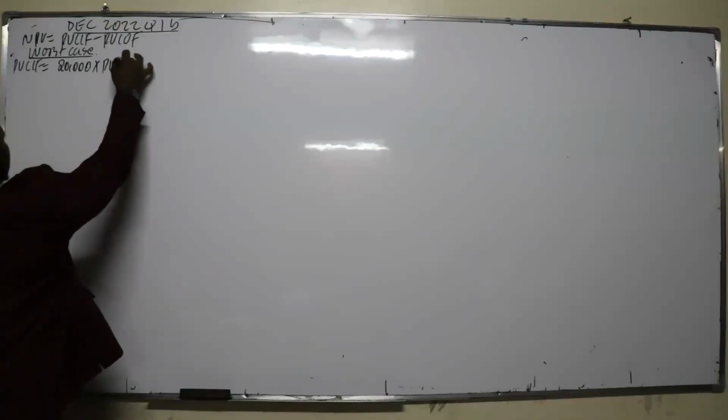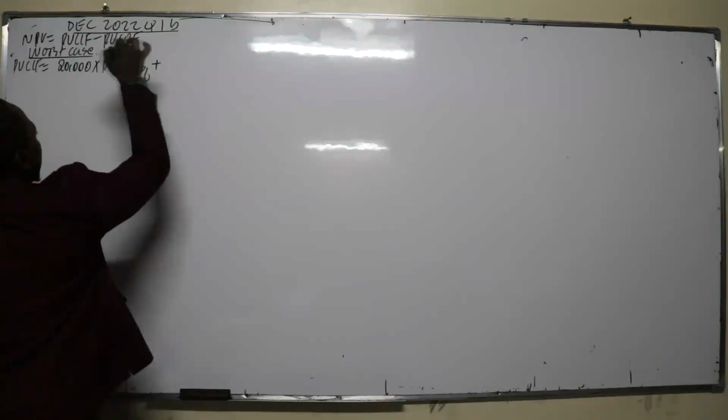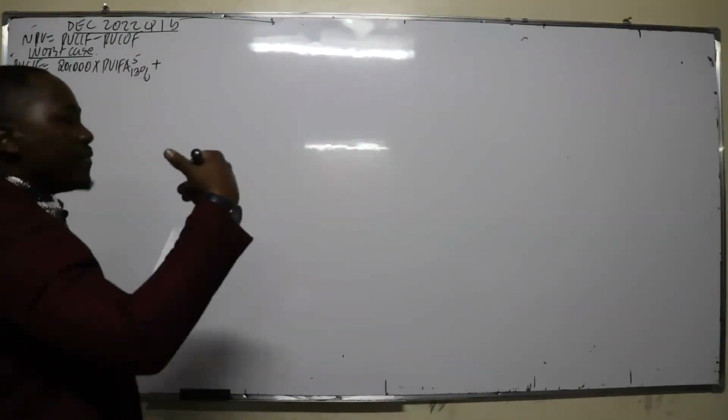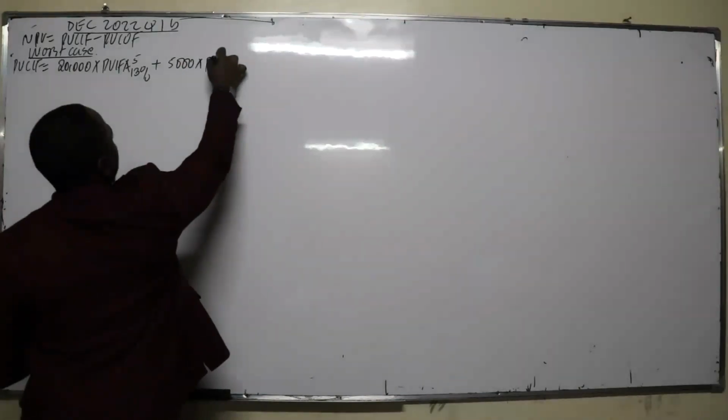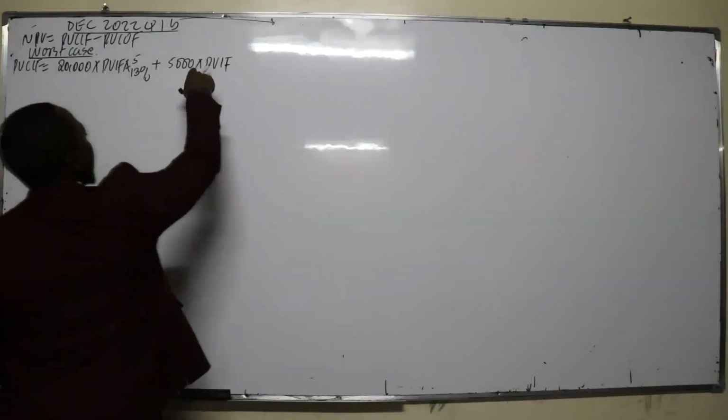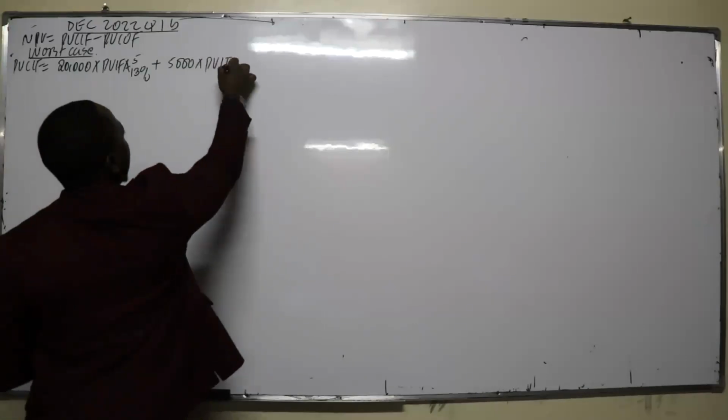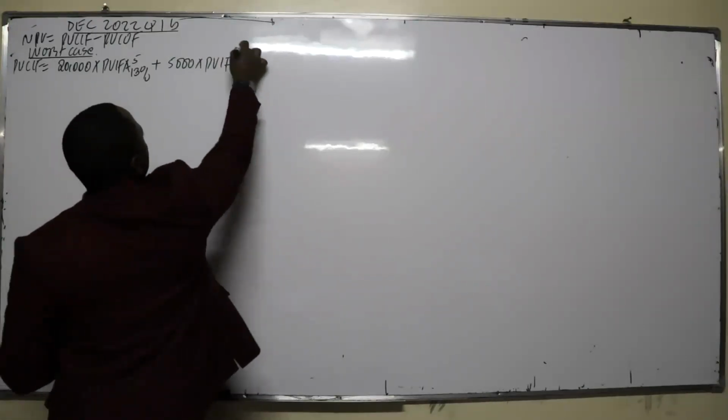Present value interest factor of an annuity, the cost of capital is 13% for 5 years. Then you add the terminal benefits, which is 5. Present value interest factor. This is not an annuity. So use the first table, 13% year 5.